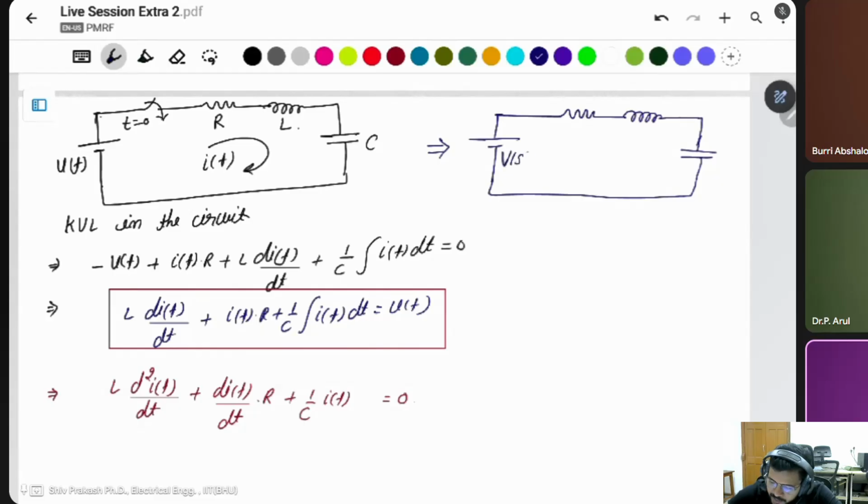This is the voltage source V(s). This is R, same as before. This is Ls. This is 1 by Cs. And this current is I(s).